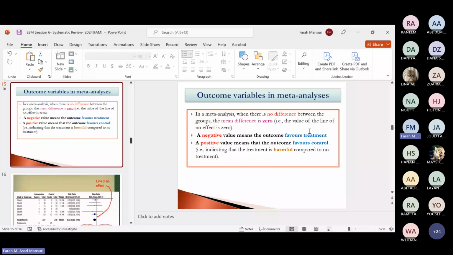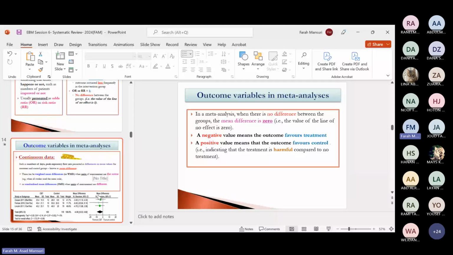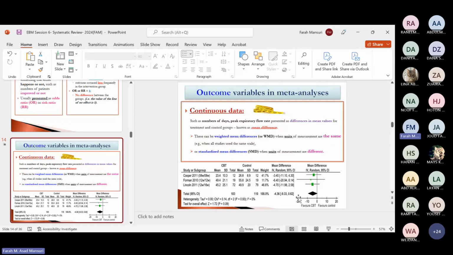And a negative value means the outcome favors treatment, while a positive value means the outcome favors control. That means on the right side, it is the control. On the left side, it is the treatment. So if the results are going on this side for the intervention, they are favoring the treatment. If this black diamond was seen on the right side, that means we could say that it is favoring control. CBT is of no importance, right?